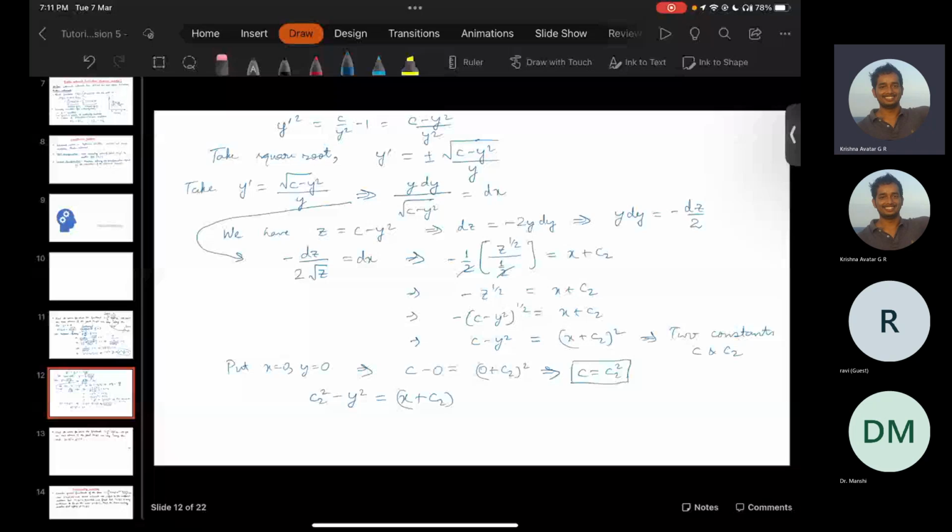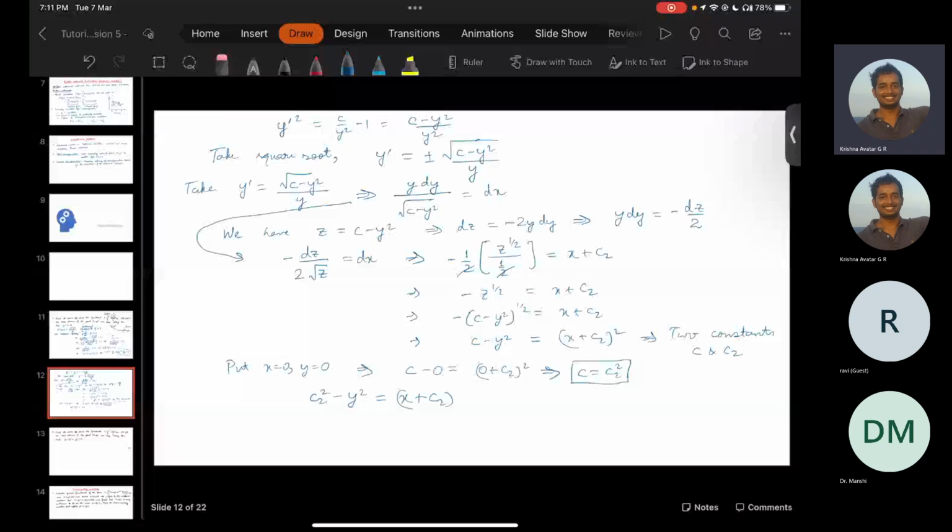Therefore, y is equal to, again, we can have two expressions, plus minus, and I'll take minus square root of 2c2x minus x squared.